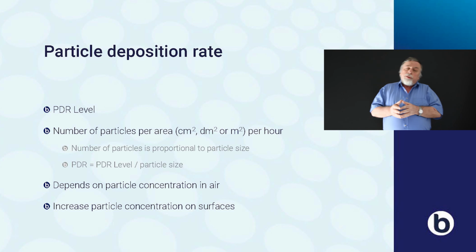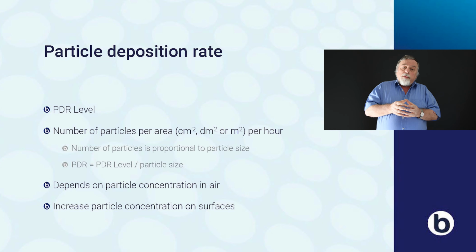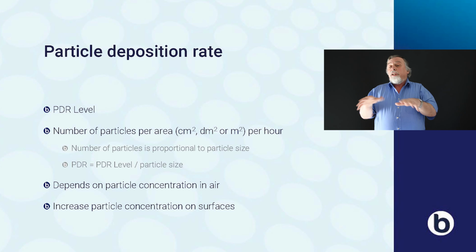Particle deposition depends on the particle concentration in air. But also particle deposition will cause an increase of particles on surfaces and by that have an impact on surface cleanliness.